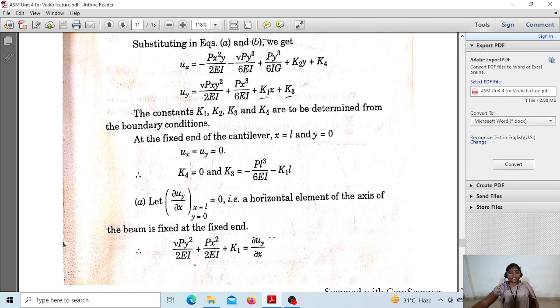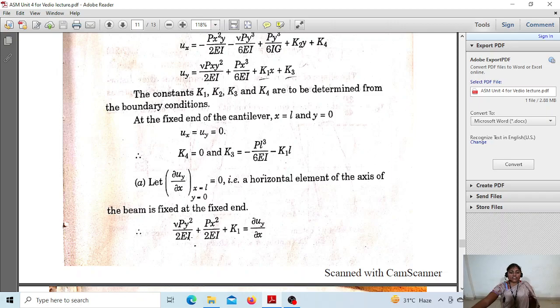Now let us take one more boundary condition. Let dou uy by dou x at x is equal to L and y is equal to 0 be equal to 0. If you use this boundary condition, then you will get nu py square by 2EI plus px square by 2EI plus k1 is equal to dou uy by dou x.